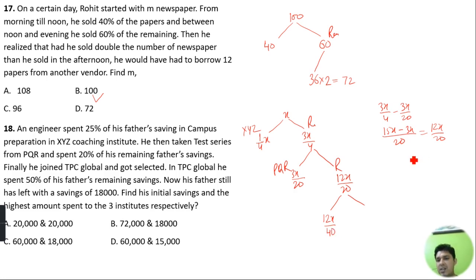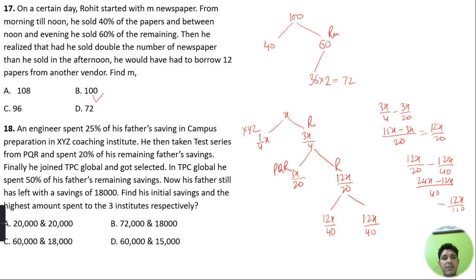And how much is remaining? 12x divided by 20 minus 12x divided by 40, and this will be the same, 12x divided by 40.